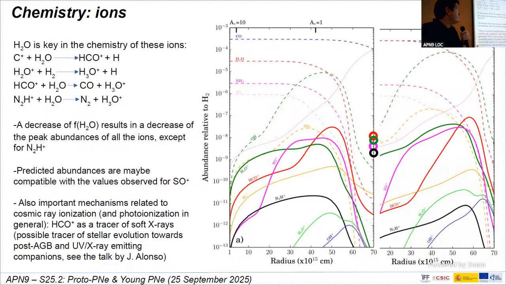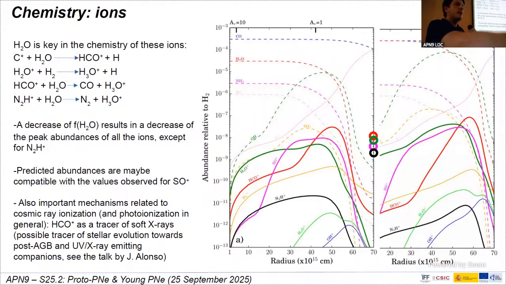For example, for N2H+, if you reduce the abundance of water in your models, you will see an enhanced emission of N2H+ in the inner envelope because of this reaction. But again, decreasing the water produces maybe compatible abundances for SO+, but not for the rest of the molecules. Sorry, I forgot to mention that these are the observed values.